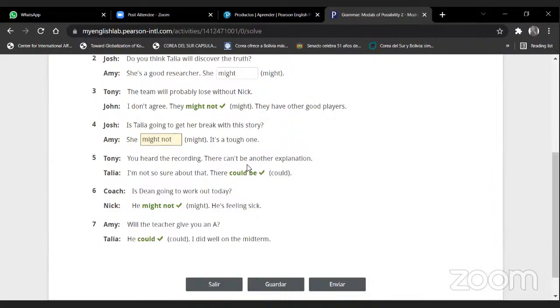Like maybe she might go to be a star. I don't know, but it's a tough one. A tough one is like saying, no, it's like that she's not able to do it. It's like saying, no, she's bad, for example. She doesn't know how to do it. Okay, so it's correct that she might not. It's a tough one, right? It's correct. Yes.